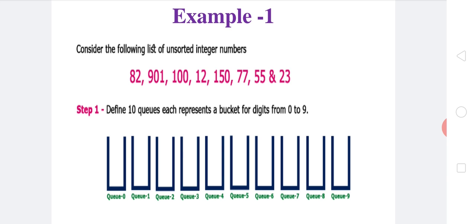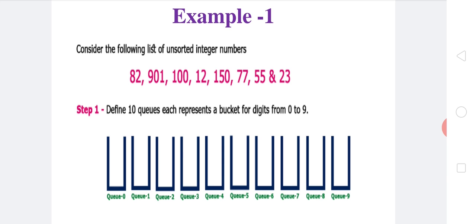First, see carefully all the elements. In the first step, calculate the most significant element. I find that the most significant element is 901, because 901 is the greatest number in the list.